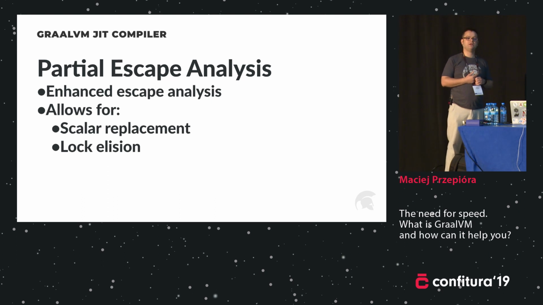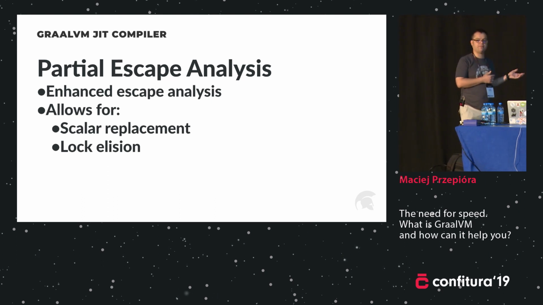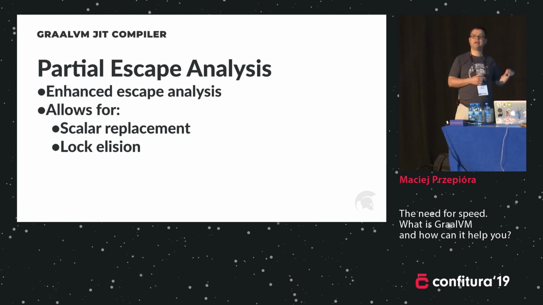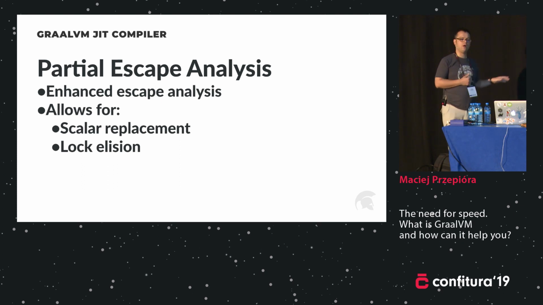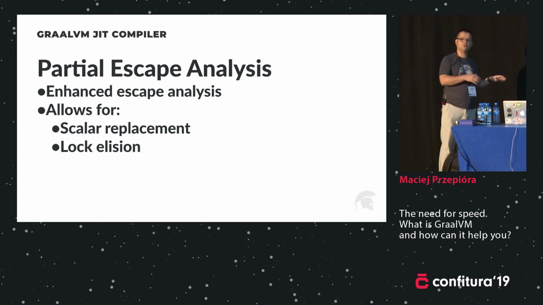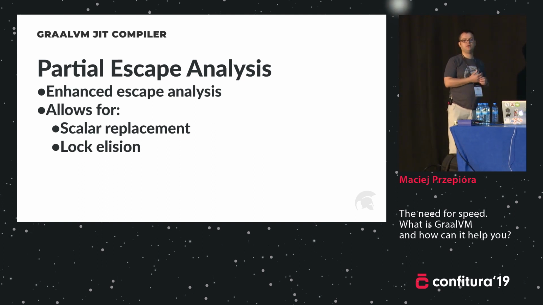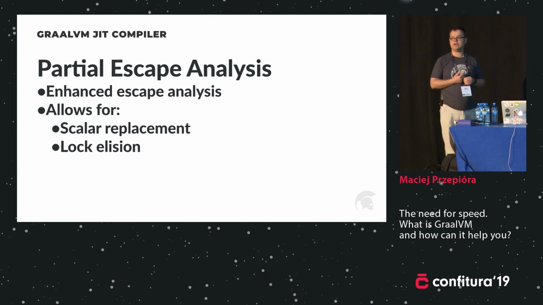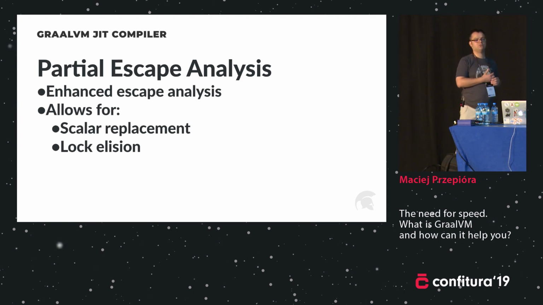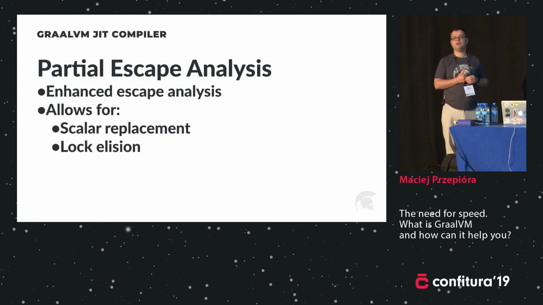GraalVM employs partial escape analysis, which means that it will analyze all the code paths, and in cases where the code path doesn't cause the object to escape from the method, it will use this technique of avoiding memory allocation. So it will actually allow for using the stack frame for object memory.